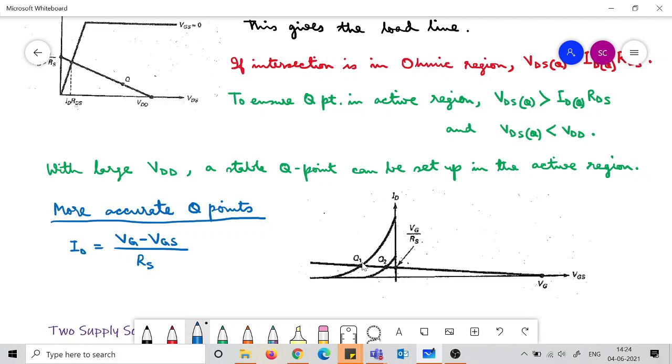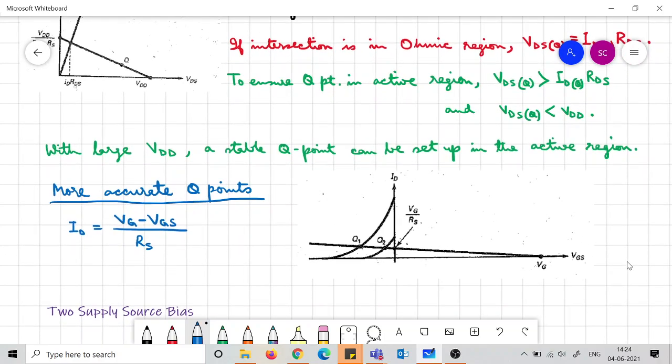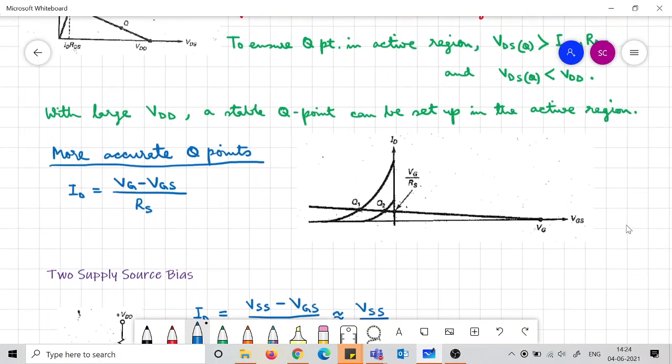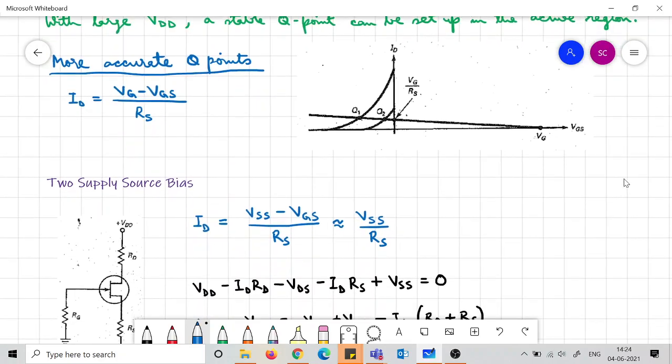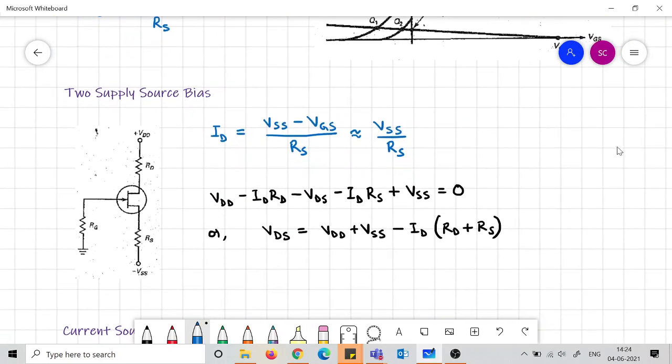Even with a more accurate evaluation of the Q points, we see that the ID remains quite stable, which is what we intend from the active region's Q point. So the output current remains stable.